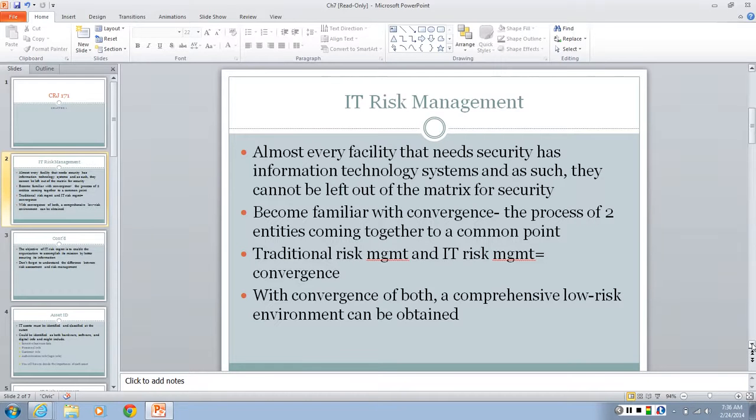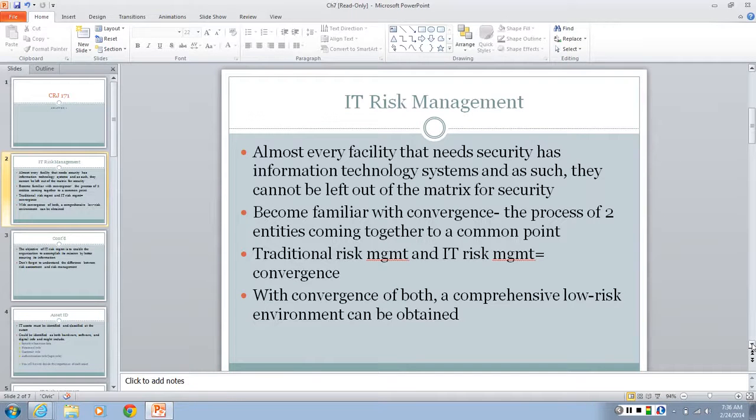But what we can do with proper planning, with proper assessments, and proper management techniques, policy and procedures, and practices, we can obtain a low-risk environment. And that's where convergence comes in regard to information technology risk management: we've got to identify what are the critical pieces of our information technology infrastructure.